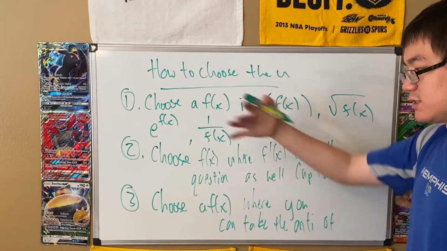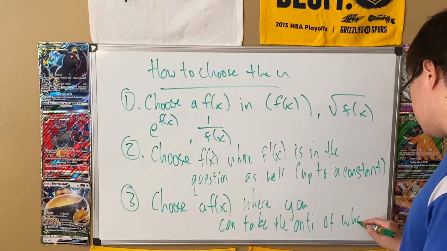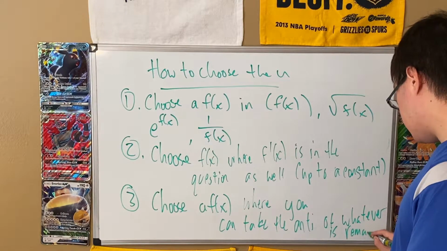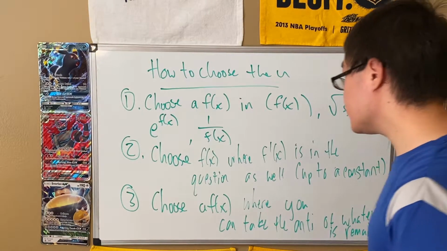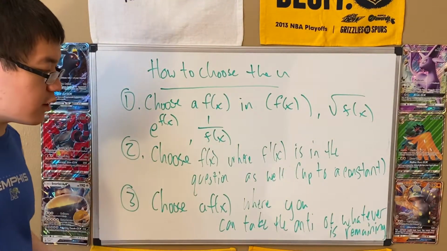Not of f(x), because that's going to be taking the derivative, but whatever is remaining. Again, this might make little sense. We're going to be really focusing on 2 for our harder questions.